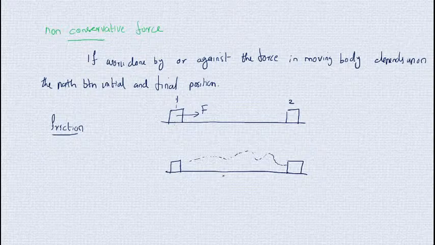During the entire cycle, we cannot say that the net work done is equal to 0. The net work done is not equal to 0. So this is an example of non-conservative forces. Is it okay with you all? So what is meant by non-conservative forces? It depends upon the path between the initial and final position. That is the non-conservative force. One example is the frictional force.